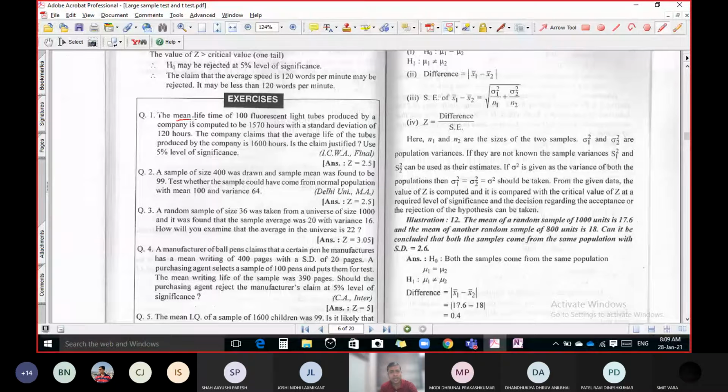It is given that the mean lifetime of 100, 100 is the sample, and the mean life is 1570 and the standard deviation is 120. So the average lifetime of 100 fluorescent tube lights is 1570 with a standard deviation of 120. So this 1570 is the average of the sample.